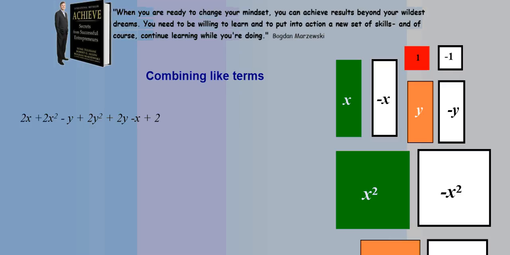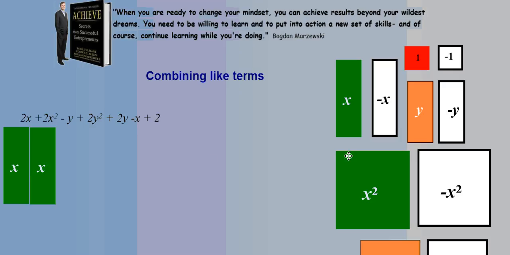Resolve the following. It says combining like terms, and we have to group like terms by simply identifying which tiles have the same size and the same color. But before we do that, we have to identify what is given. So we have 2x tiles, so let's bring 2x tiles together.